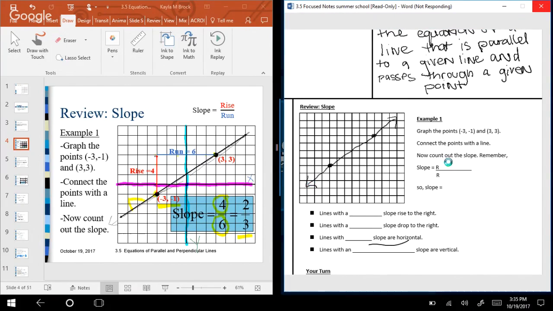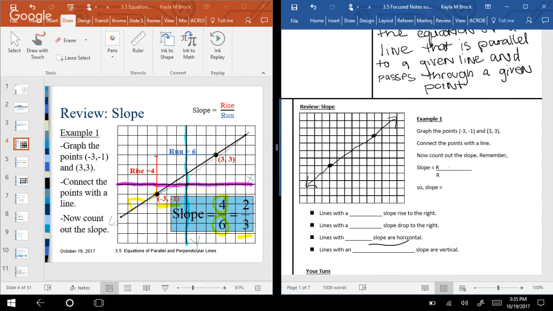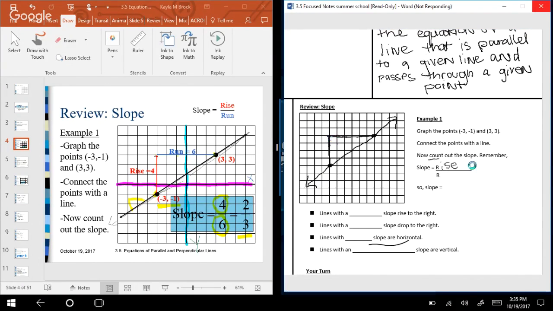Now count out the slope, okay? When it's asking you to count the slope, you have to draw a triangle so that you'll be able to count your rise over run. The R in the numerator stands for rise, so you count the number of spaces up that you move. So you start here and you go 1, 2, 3, 4.